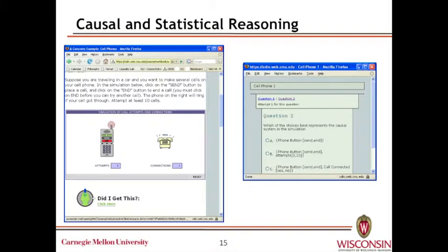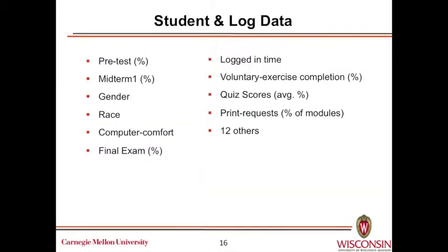It's available in the online or the Open Learning Initiative as a whole semester course, and it involves lots of different interactive exercises, lots of different quizzes you can take, lots of different simulations, and we record, or we did record, things like the pre-test, the midterm score, how much comfort the students had with the computer, what race they were, their final exam, and things like how long they were logged in, what percentage of the voluntary interactive exercises they completed, right, ranging from 0 to 100%, as you would expect.